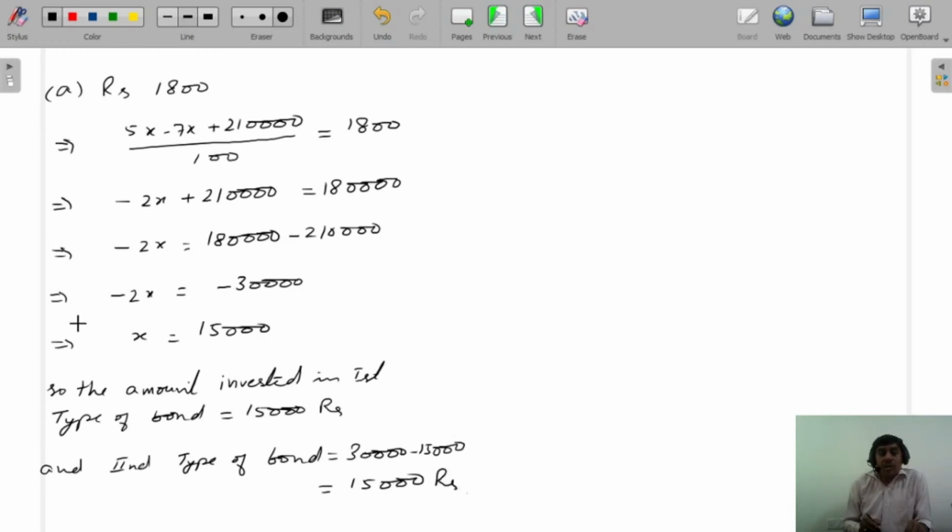So the trust invested the same amount in the first type of bond and the second type of bond.